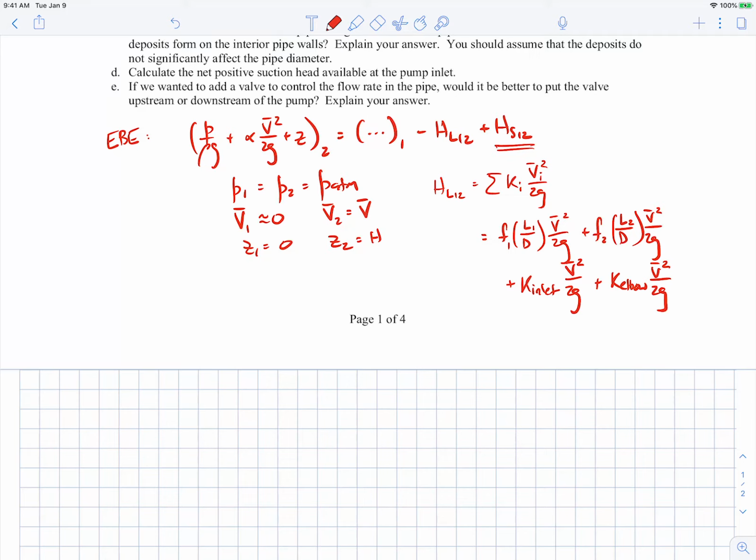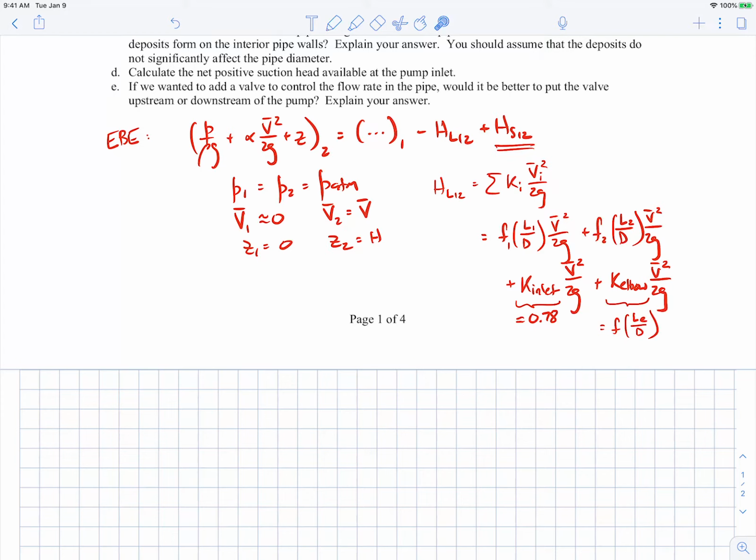Let's go ahead and evaluate what some of these losses are. The inlet loss we can look up from a minor loss coefficient table. For a reentrant inlet, this comes out to be 0.78. I just used the formula sheet to get that. The elbow loss is given in terms of an equivalent length of pipe. The loss coefficient is equal to the friction factor times the equivalent length of the pipe divided by the pipe diameter.